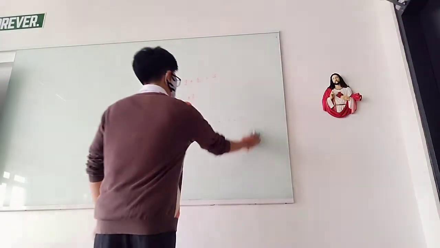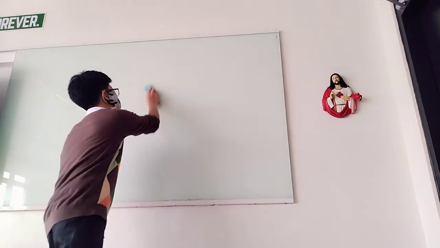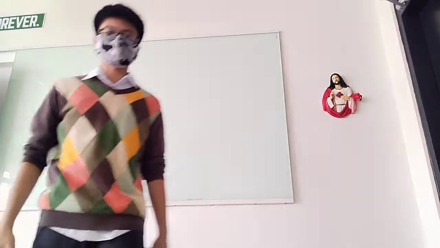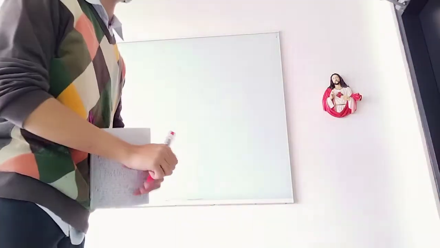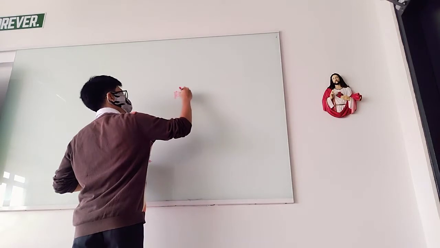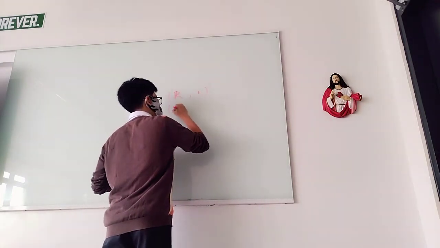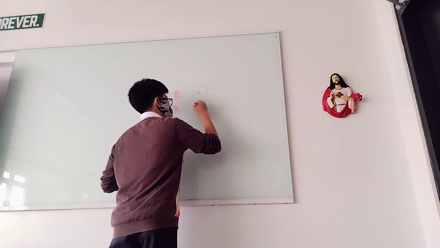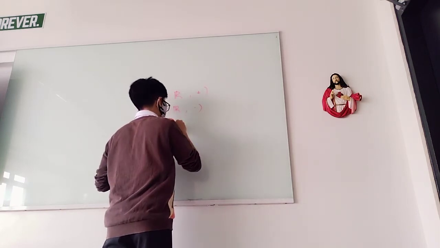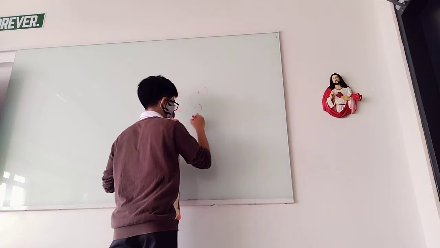Because the majority of mathematics that teachers talk about, like in calculus or high school algebra, happens in R, equipped with the addition operation, or R equipped with the multiplication operation.